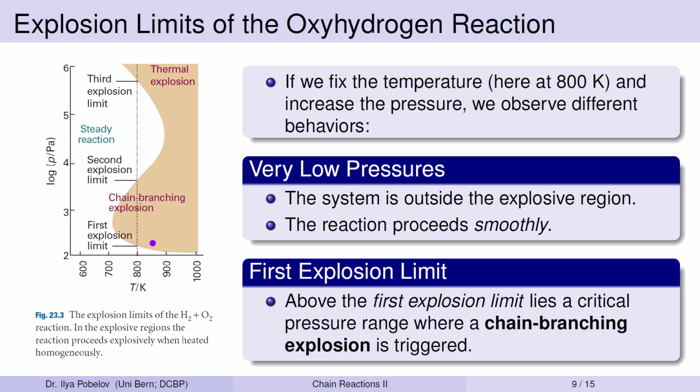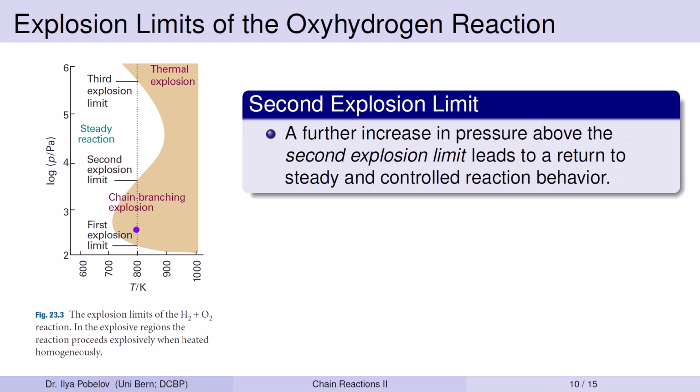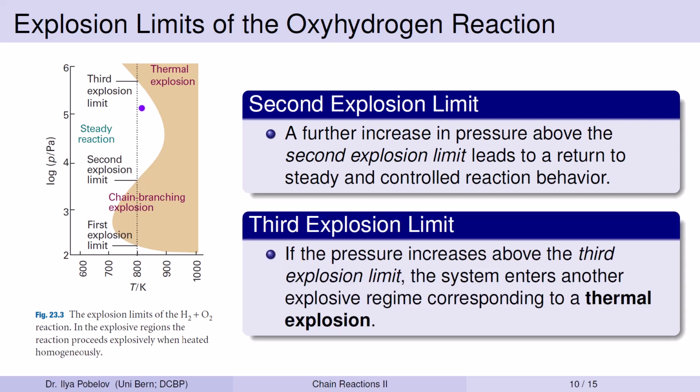Above it lies a critical pressure range where a chain branching explosion is triggered. Beyond this, a further increase in pressure above the second explosion limit leads to a return to steady and controlled reaction behavior. If the pressure increases above the third explosion limit, the system enters another explosive regime corresponding to a thermal explosion.